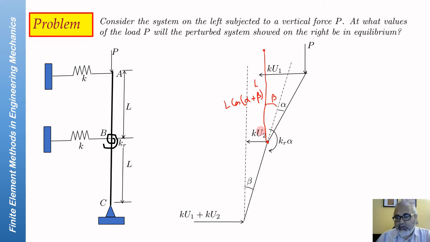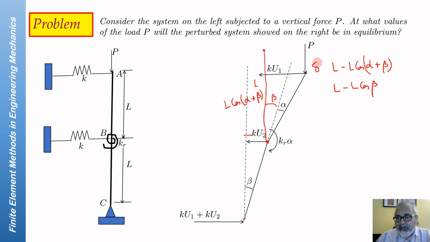So it has come down with respect to this point by L minus L cos(alpha plus beta). Similarly, this point with respect to this point was at a height L again, and it is now at a height L cos beta, so it has come down by L minus L cos beta.